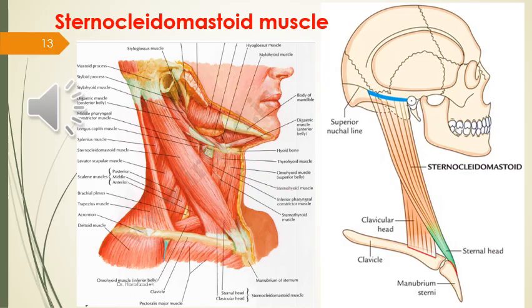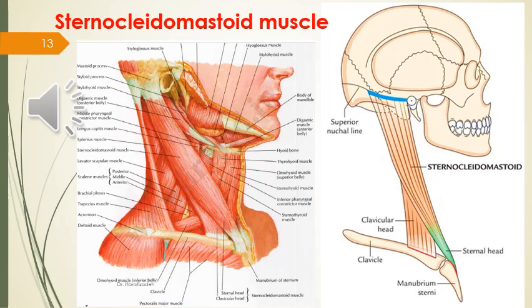Okay, a very important and well-known muscle in the neck is the sternocleidomastoid. It is named according to its attachment. Sterno attached to sternum, cleido attached to clavicle, and mastoid attached to mastoid process. If we examine it from below, it has two heads.